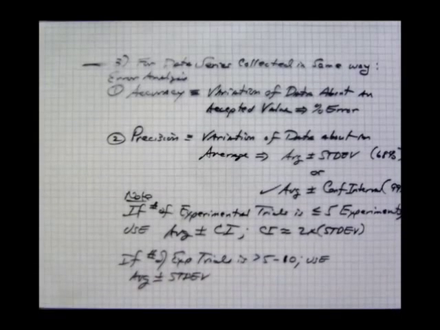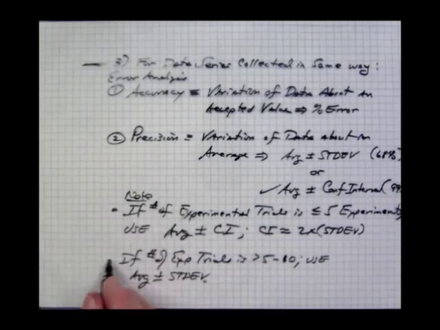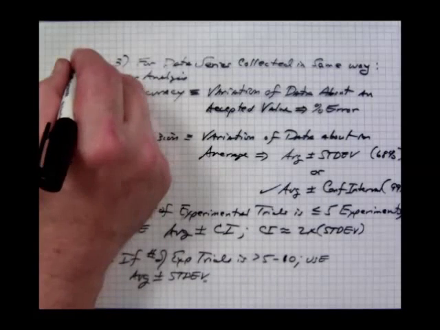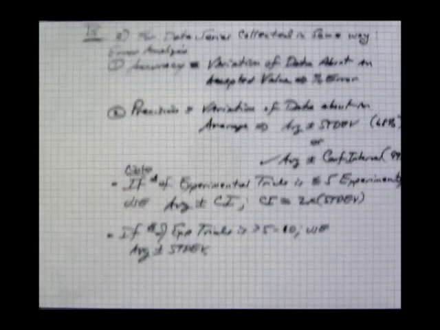It represents the most widely used error representation of a set of data where you've run 15, 20, 100 repetitions and so forth. They'll get a standard deviation of that data. Okay. So the variation of data about an average is, of course, the precision, which is the answer to the question we're working with.